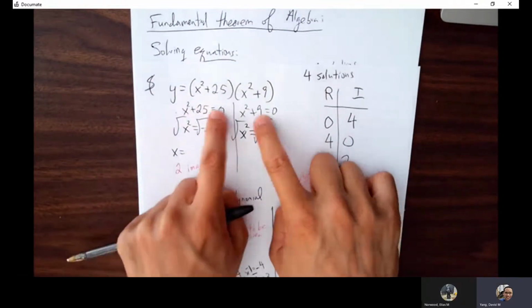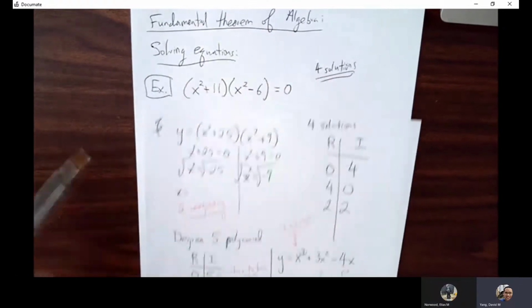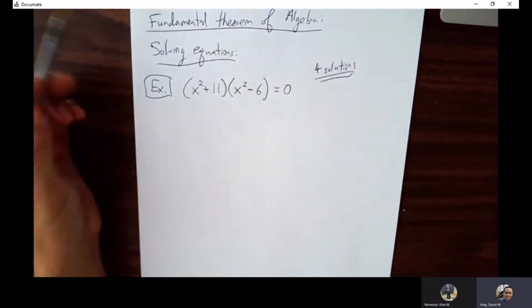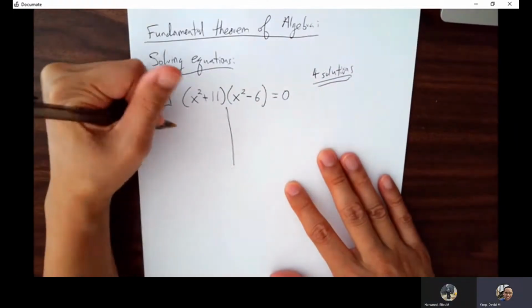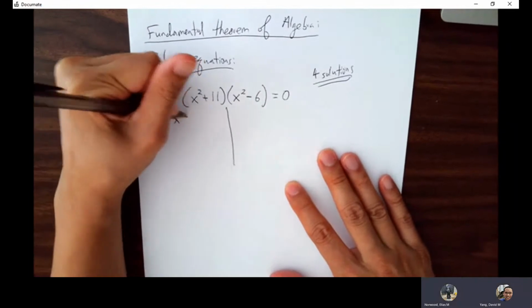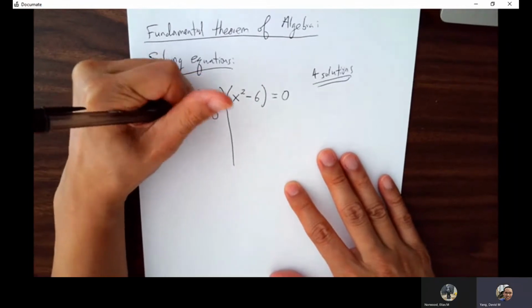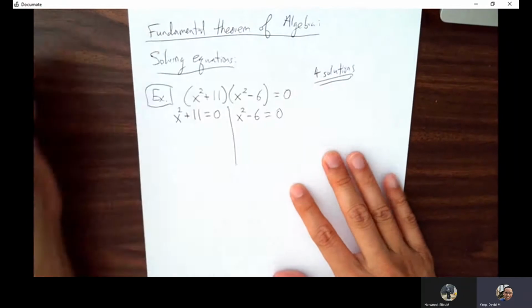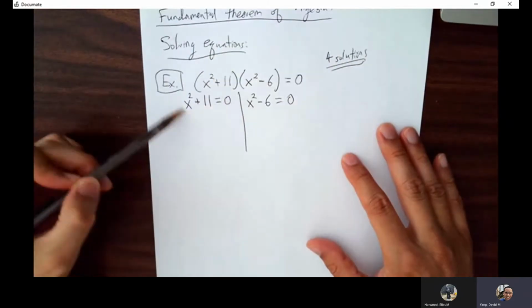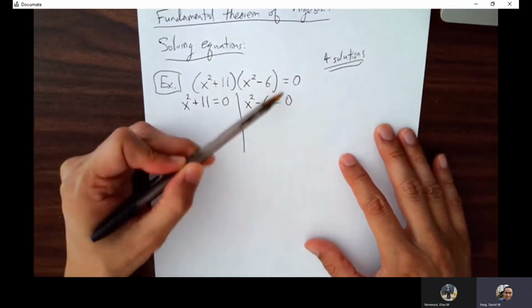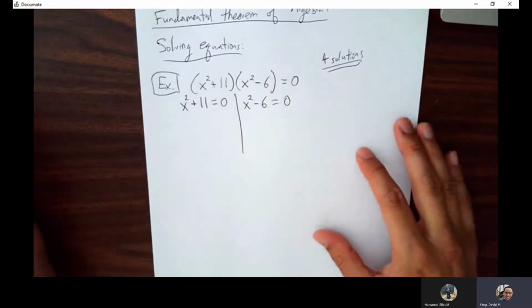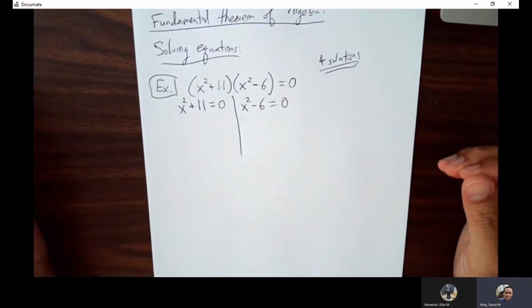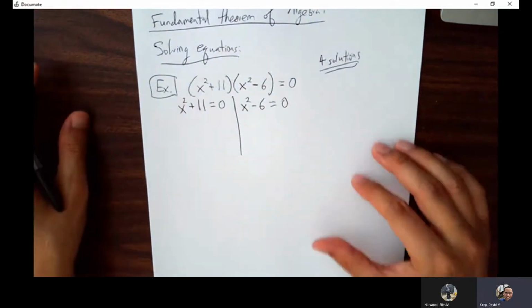To 0, right? We want each to be a separate problem, because we have to think of this as 2 separate problems, and then we'll solve them individually. Okay, so here we expect 2 solutions, and here we expect two more solutions. Okay, what's next?